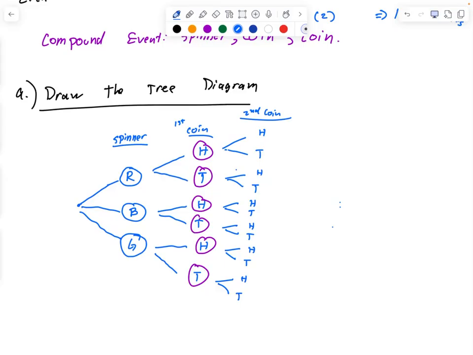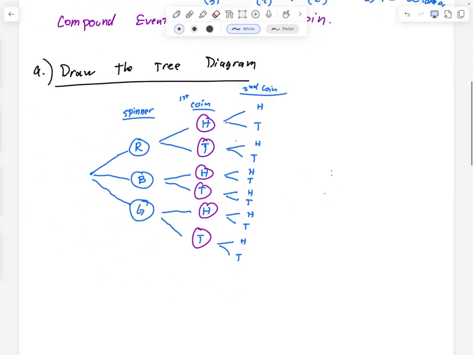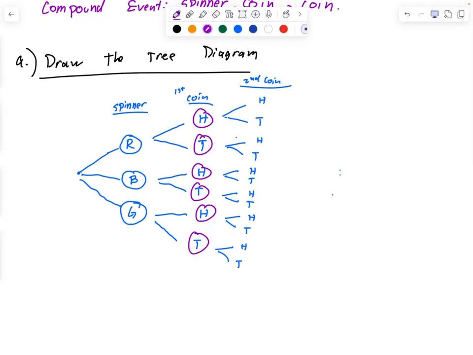And then we have the outcomes. So what are the outcomes? RHH. RHT. Next one. The heads have their own heads and tails, and the tails have their own heads and tails. Next one. B. BHH.